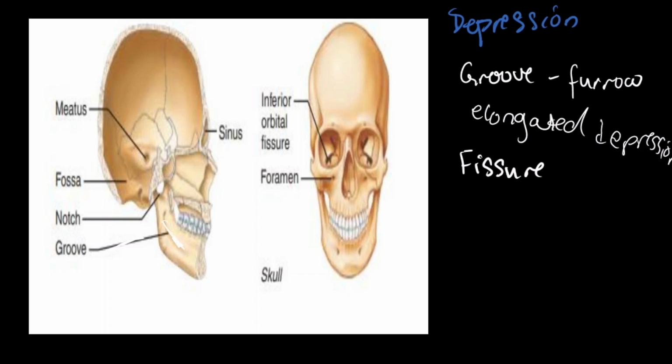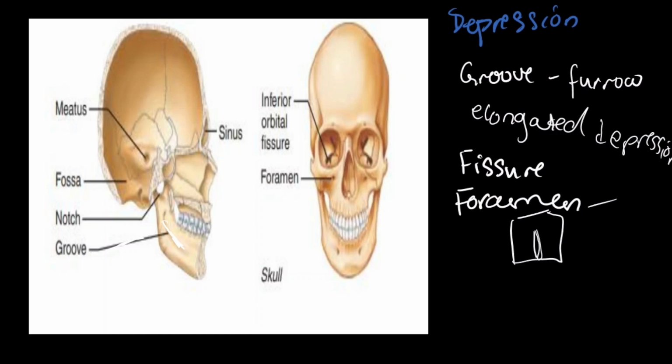Then we have a fissure. A fissure is a narrow slit-like opening. So if we have a surface like this, it's a slit, something like this. That's a fissure, and we can see the inferior orbital fissure that we have here. Now remember that these depressions and openings are majorly for blood vessel and nerve passage. Then we have the foramen.